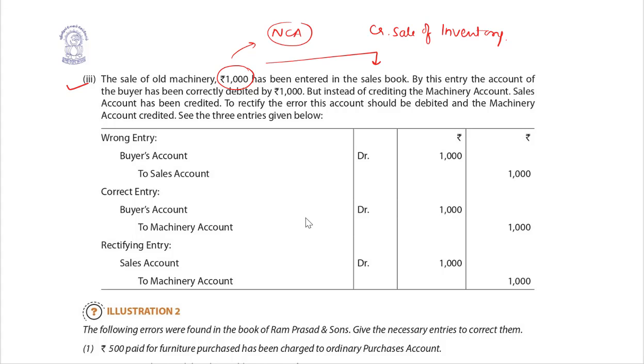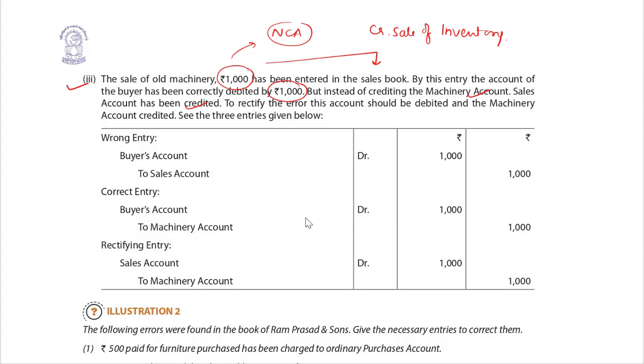By this entry, the account of the buyer has been correctly debited by 1000. That's great. But instead of crediting the machinery account, what we have done is that sales account has been credited. In the rectification entry, we will debit the sales account and we will credit the machinery account, and this is the way we will rectify that.